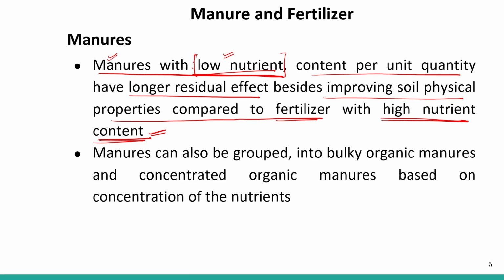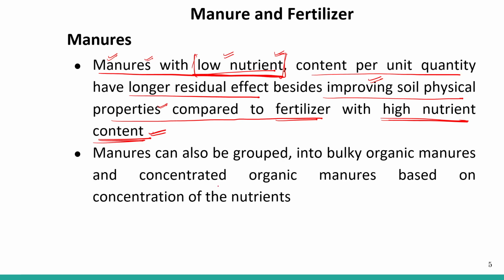Though it has low nutrient content, it improves the soil physical properties. It increases the water holding capacity, and it also increases aeration to the roots, and all these things help to improve crop production.